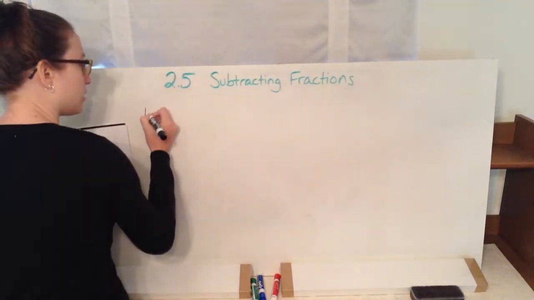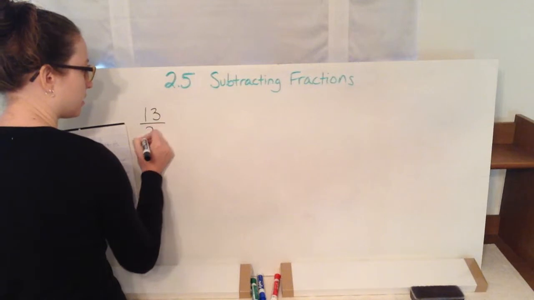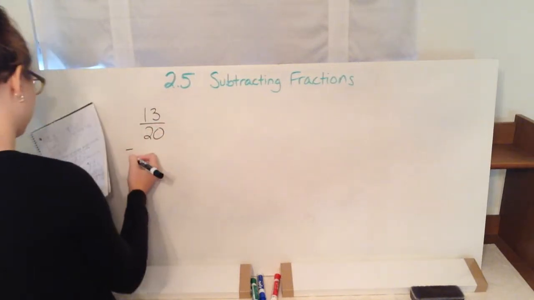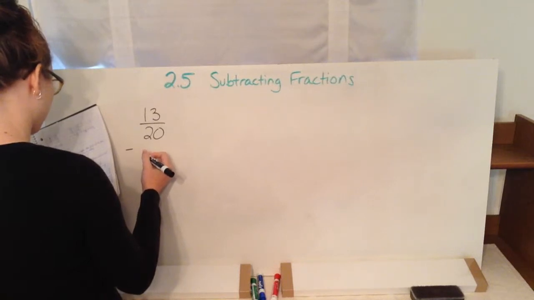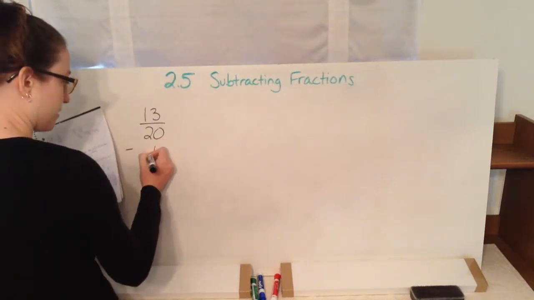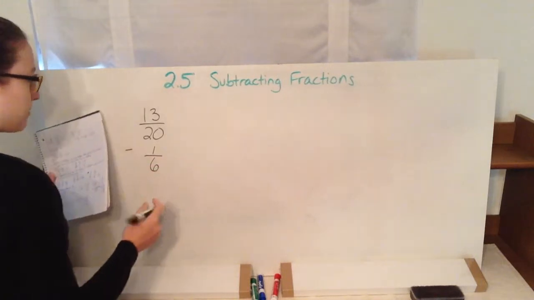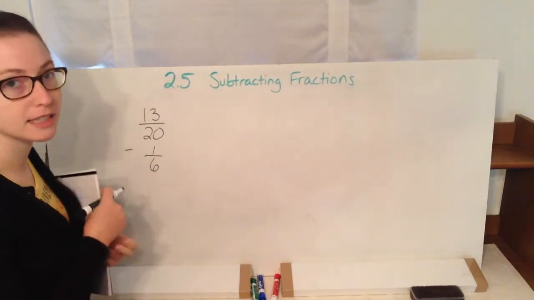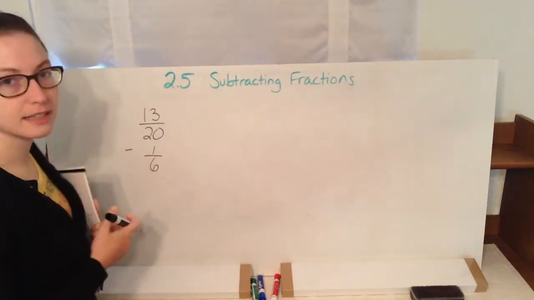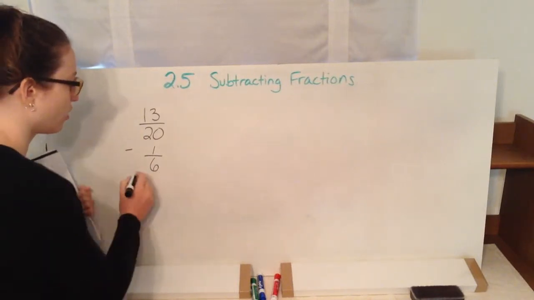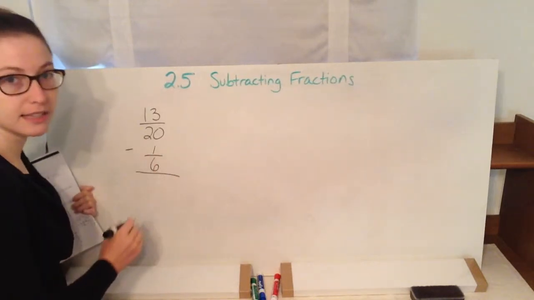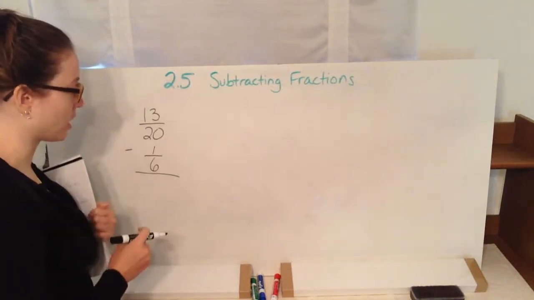So 13 out of 20 minus 1/6. 13 out of 20 minus 1/6. 20 and 6 are the denominators that we're looking at, but we can't do this as it is because they are not the same denominator.